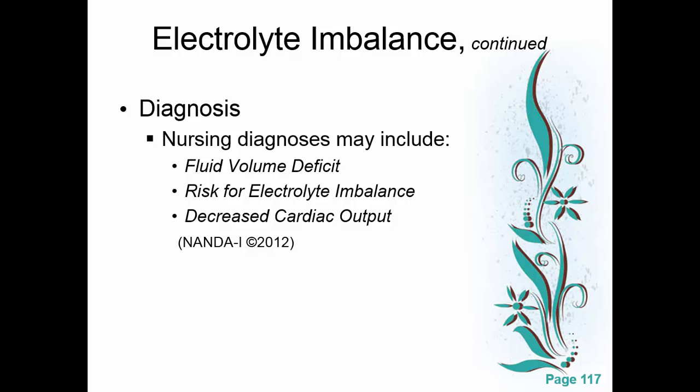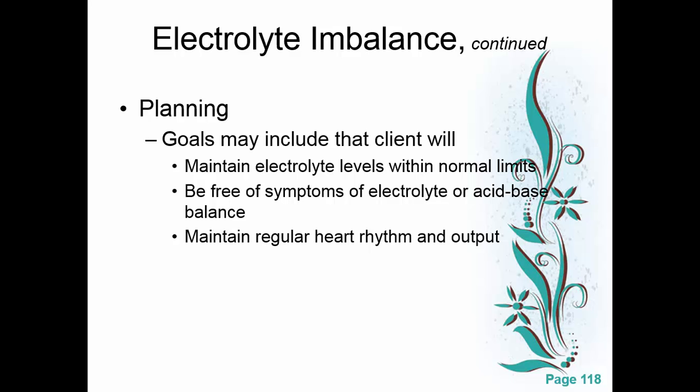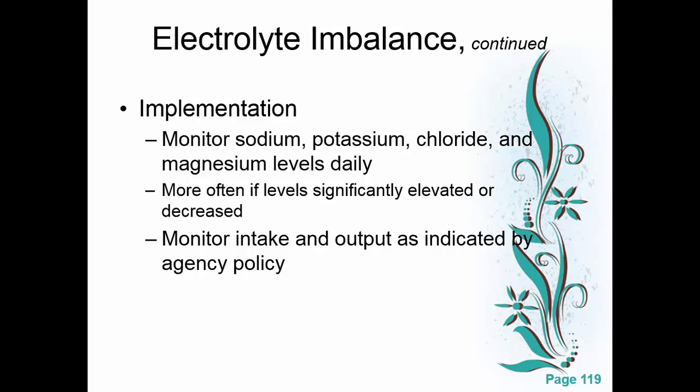These are your NANDA diagnoses for electrolyte imbalances. Planning goals may include that your client will maintain electrolyte levels within normal limits, be free of symptoms of electrolyte or acid-base imbalance, maintain regular heart rhythm and output. Implementation: monitoring sodium, potassium, chloride, magnesium levels daily.